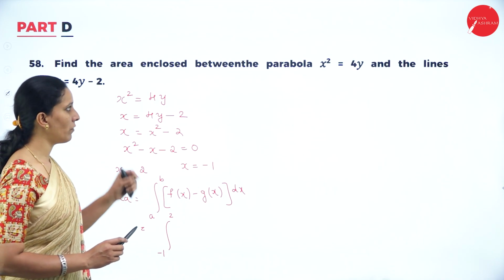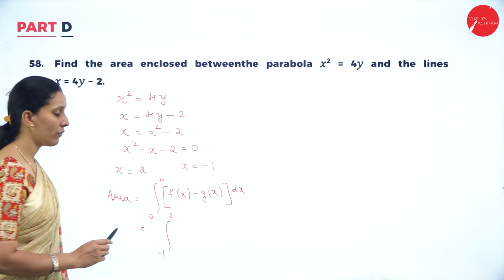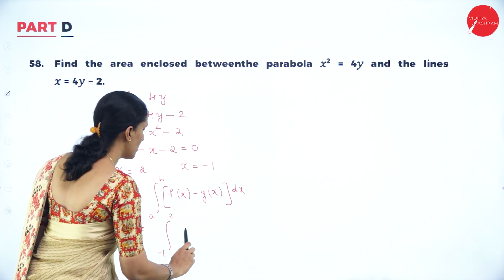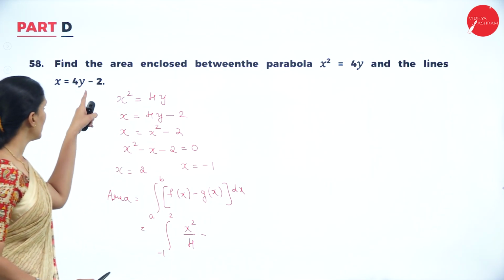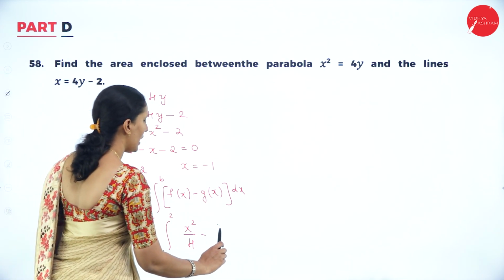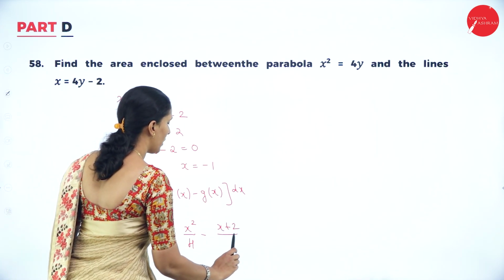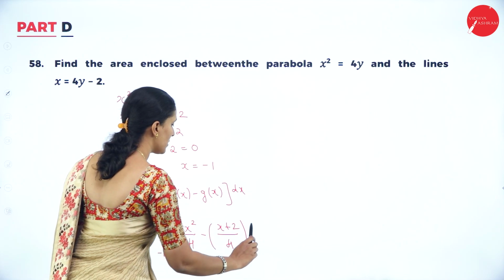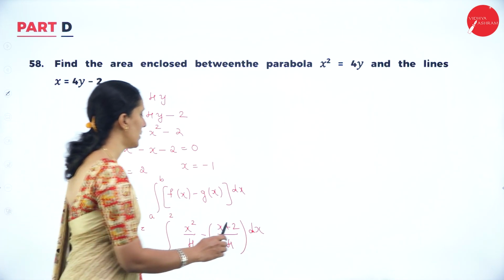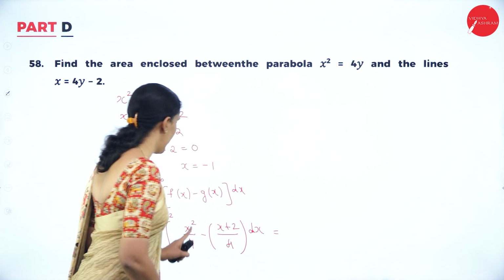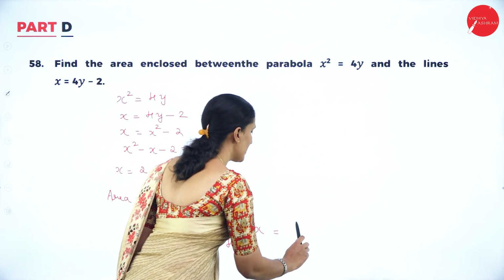So in terms of y, we can write it as x square by 4. So therefore here it becomes x square by 4 minus, here it will become x plus 2 divided by 4 with respect to dx.